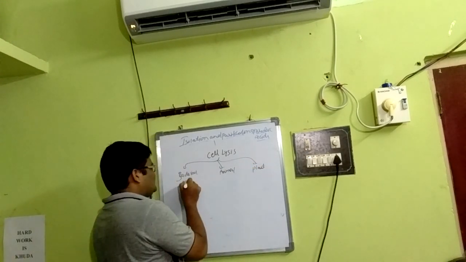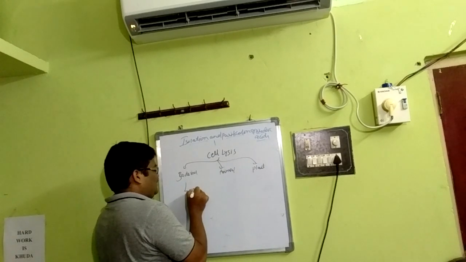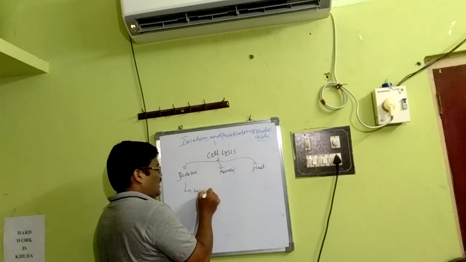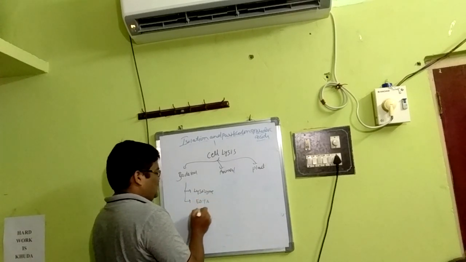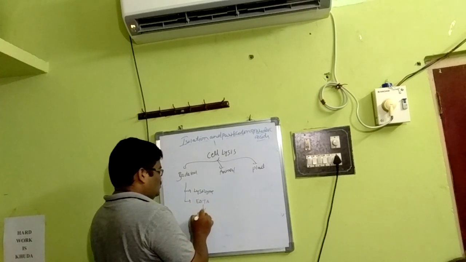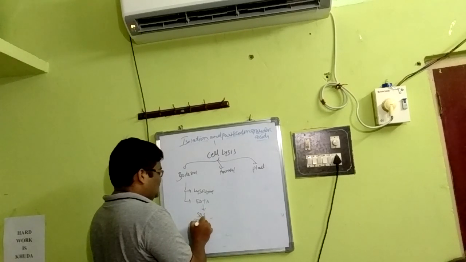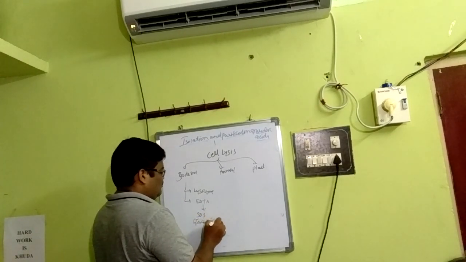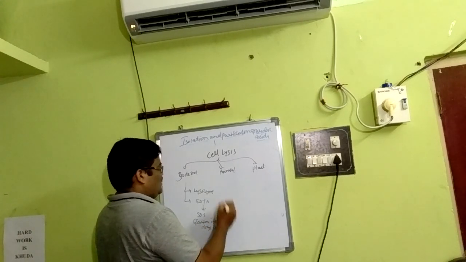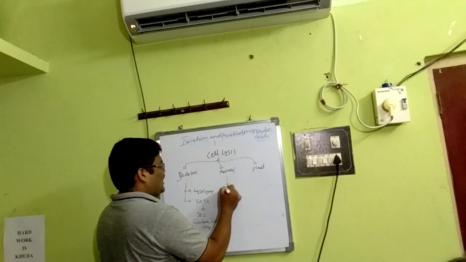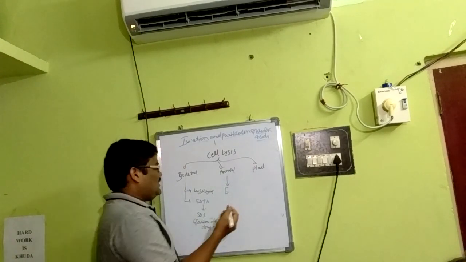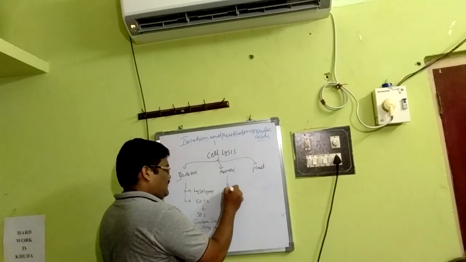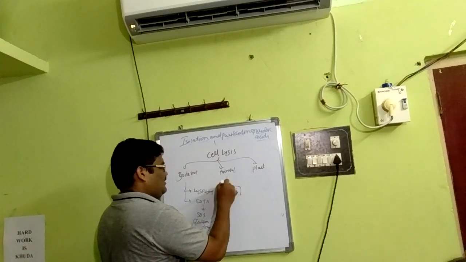For bacterial cell, it's a combination of enzymatic, that means lysozyme, and chemical, that means EDTA, ethylenediaminetetraacetate, followed by SDS, sodium dodecyl sulfate, which is a detergent. Whereas for animal cells, particularly cultured animal cells, they break down by means of SDS, sodium dodecyl sulfate.